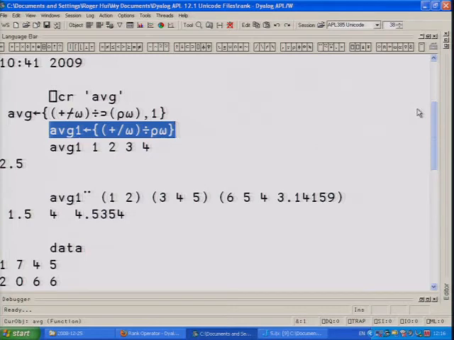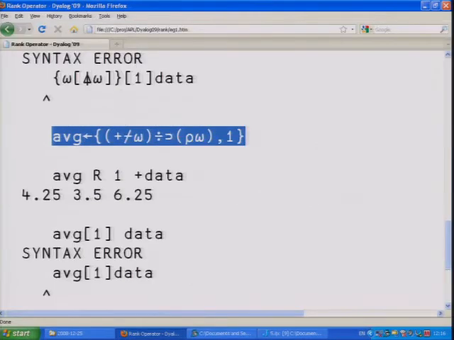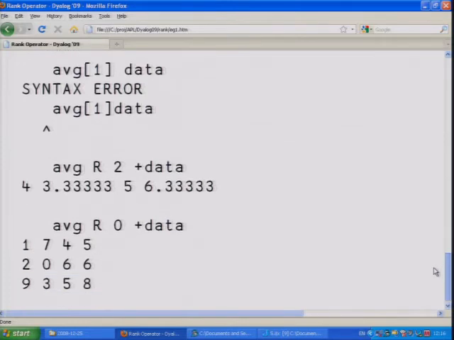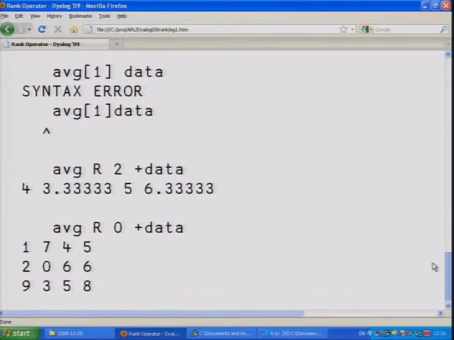So, okay. I hope it gives you a sense that the rank operator is a handy way to apply a function to data. What's that, rank 2? Average rank 2. Why does that keep for all size? Because it's an average of the rows, and there are 4 columns. The rows are the objects.